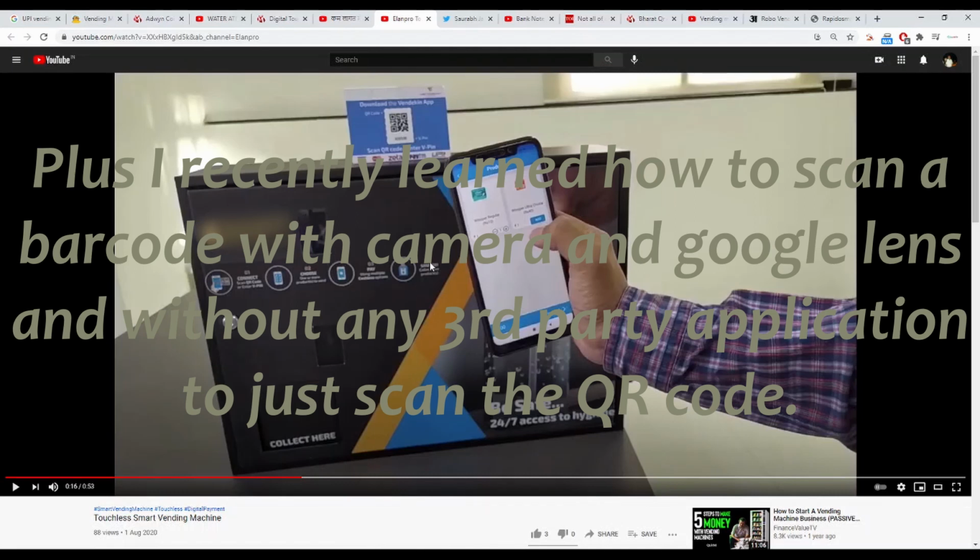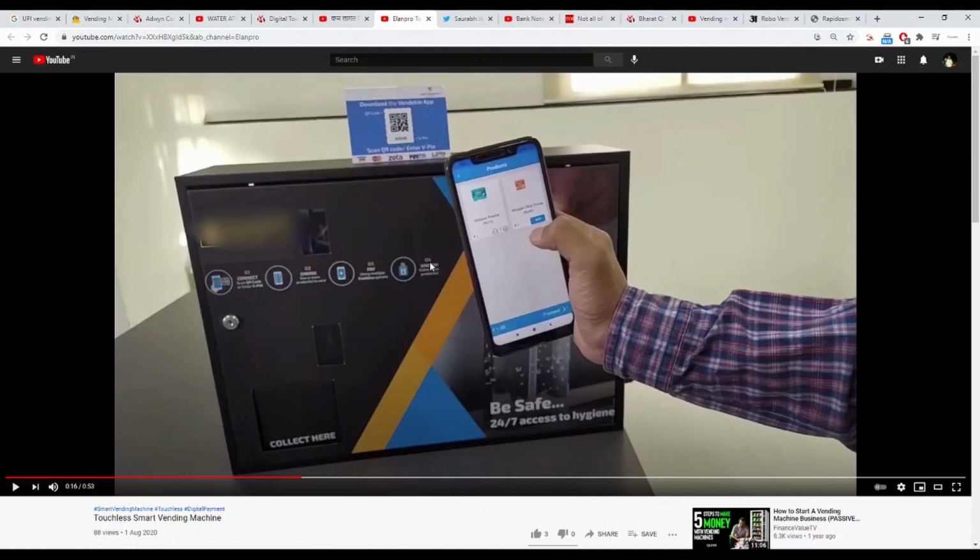Similarly, you can use any payment gateway on your website. Then you are not bound to go with business solutions and get UPI specific solutions, or credit card specific solutions and all those things. It's just like you do a normal purchase on any website, it's just the same thing.